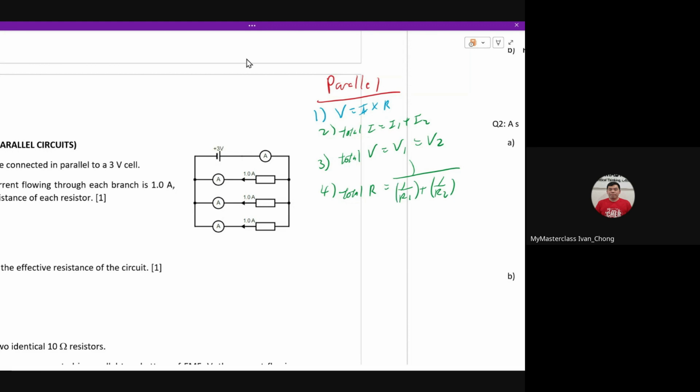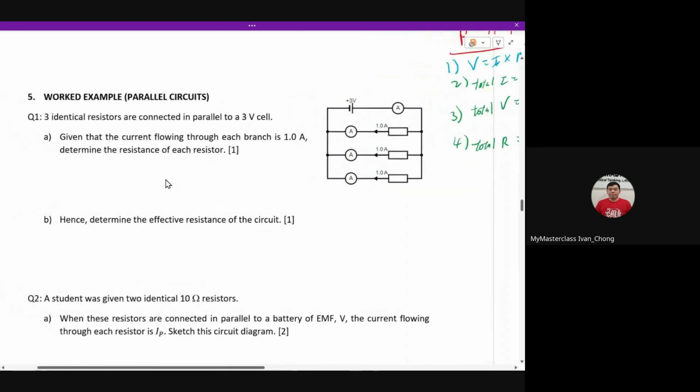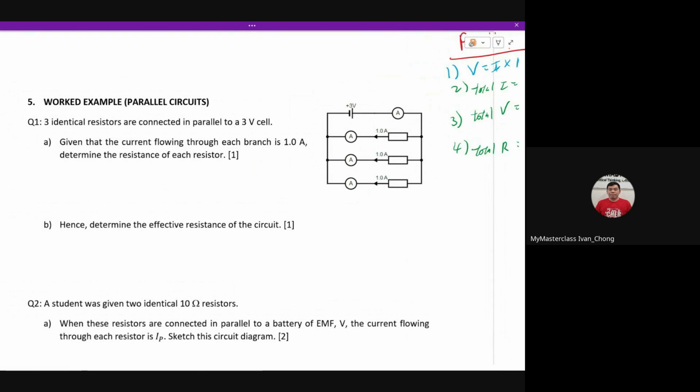So first thing, let's talk about this. You have a 3-volt cell, so do be careful. If each current is 3 amperes each, what's the resistance of each resistor? So you want to find R. V1 over I1. V1 is 3. Why?